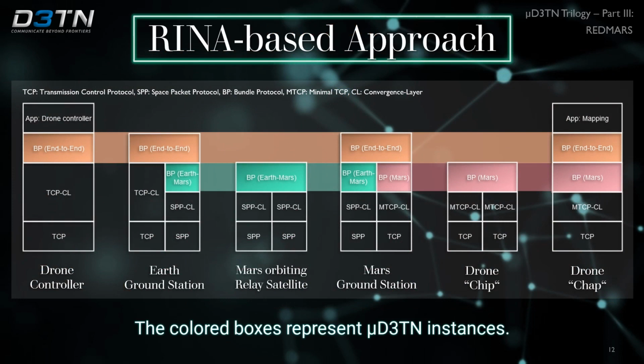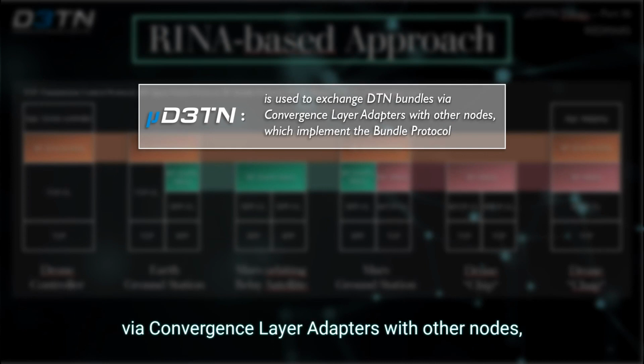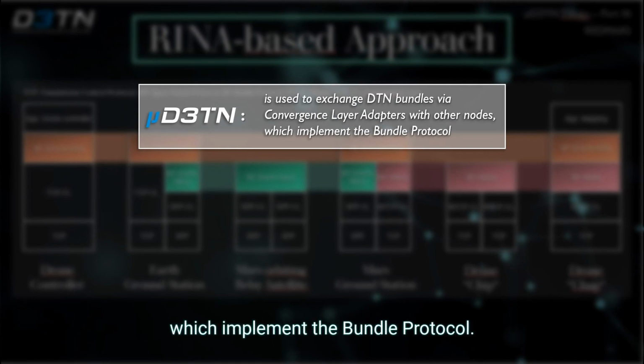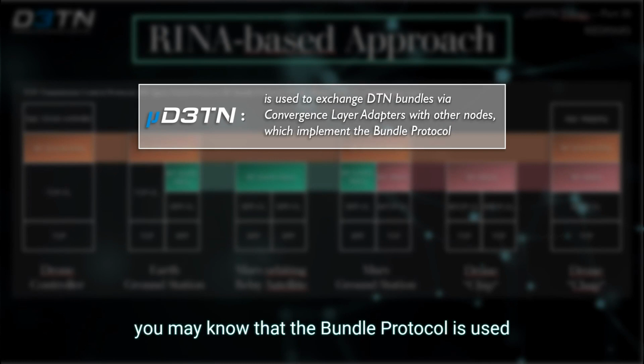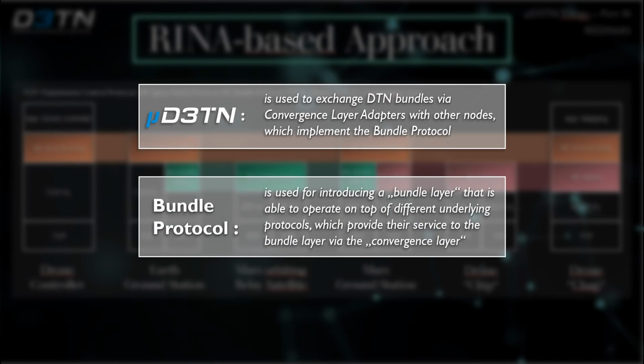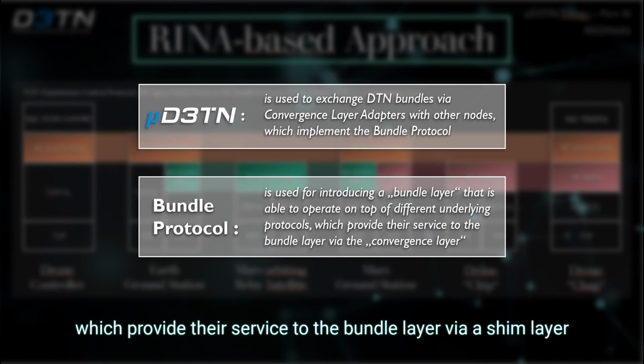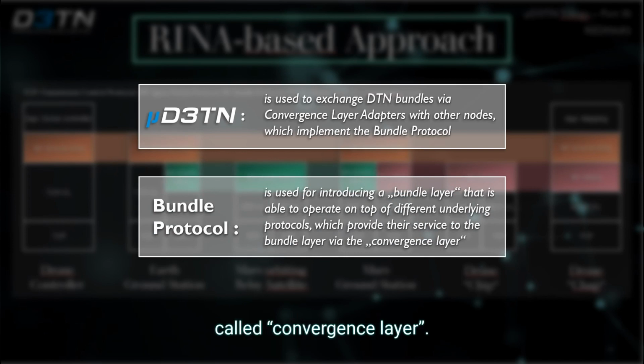The colored boxes represent µD3TN instances. µD3TN is used to exchange DTN bundles via convergence layer adapters with other nodes, which implement the bundle protocol. If you've watched our previous videos, you may know that the bundle protocol is used for introducing a so-called bundle layer that is able to operate on top of different underlying protocols which provide their service to the bundle layer via a shim layer called convergence layer.